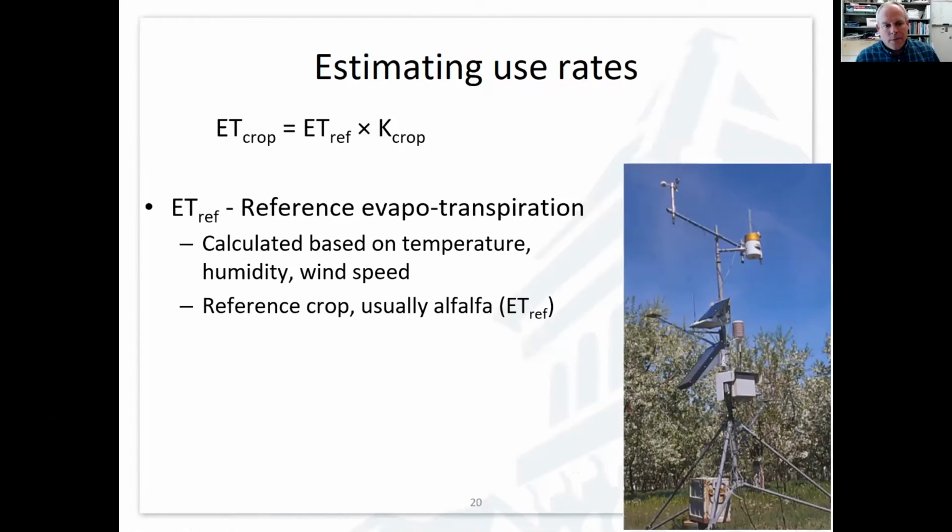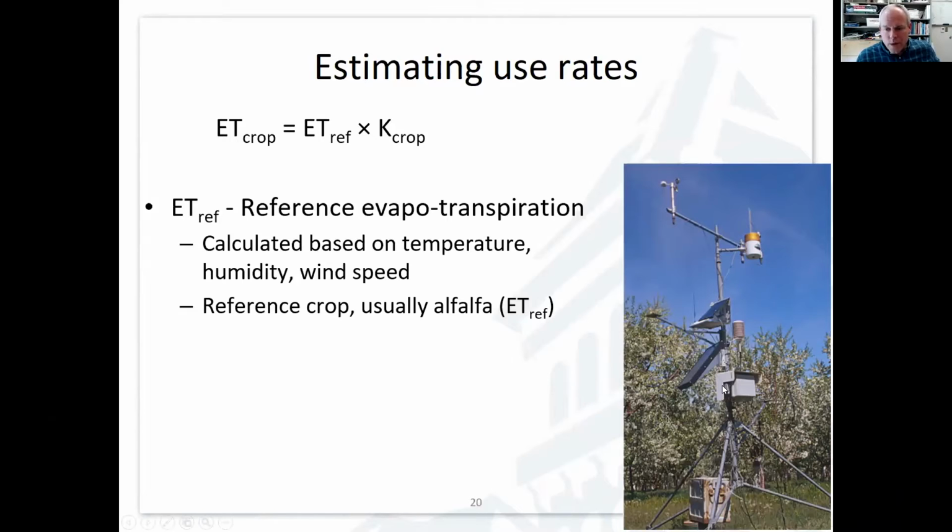The reference ET is usually based on either alfalfa or grass, and it's calculated using measurements of air temperature, humidity, wind speed, these kinds of things. Penman-Monteith uses those parameters to calculate how much water a full stand of alfalfa would use under these conditions.